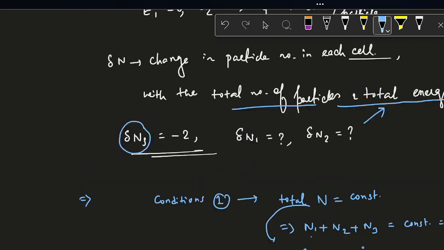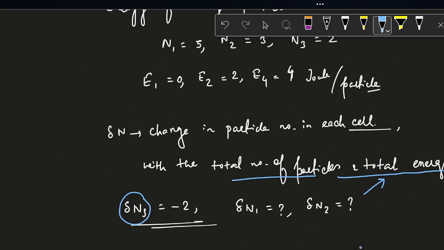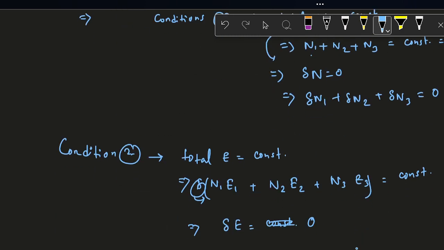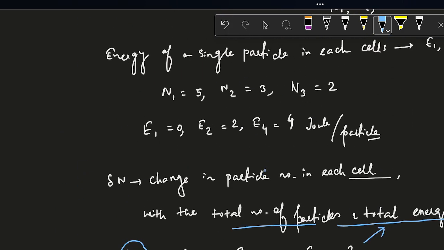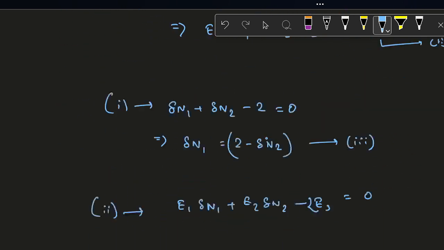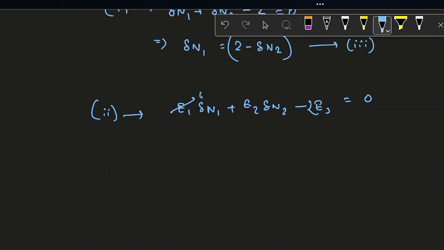And I think you were given the values of E1, E2, E3: E1 is 0, E2 is 2, and E3, sorry, this is not 4, this is 3. E3 is 4. So E1, E2, E3 are 0, 2 and 4. So simply E1 is 0, so this term goes to 0, and E2 is 2, so it is 2 times delta N2, minus E3 is 4, so it is 2 times 4, equal to 0.